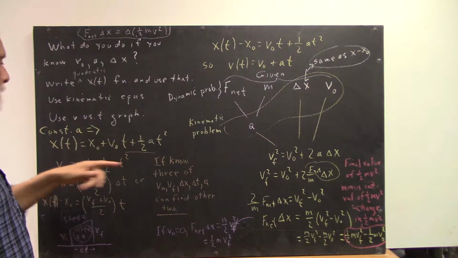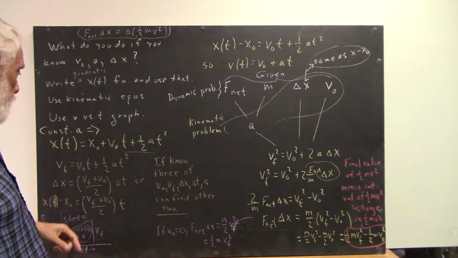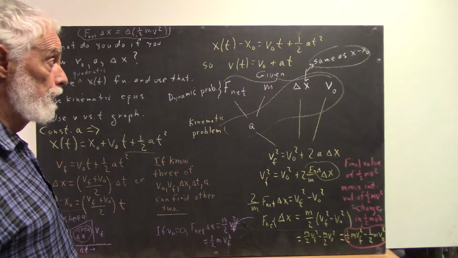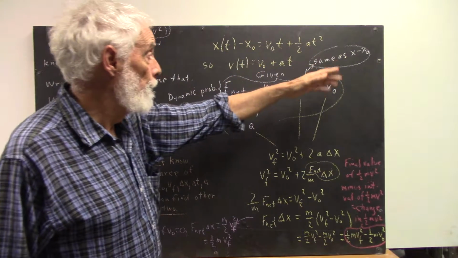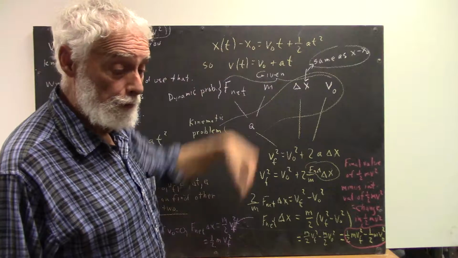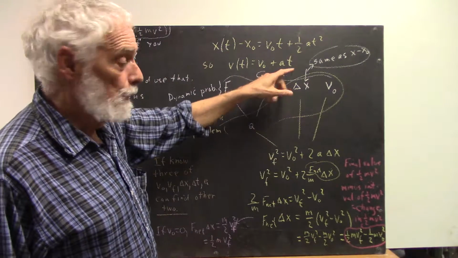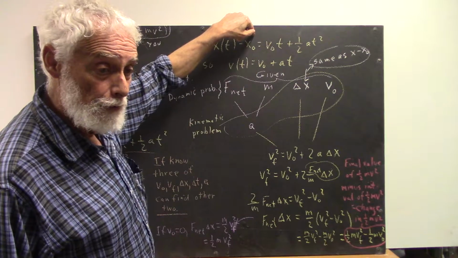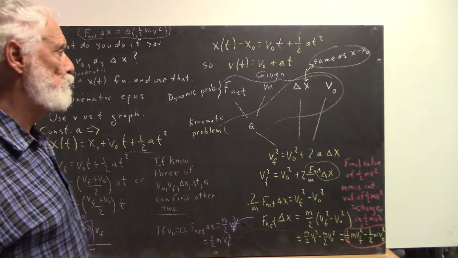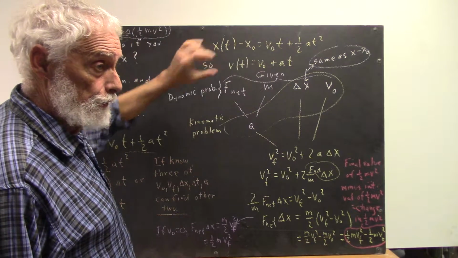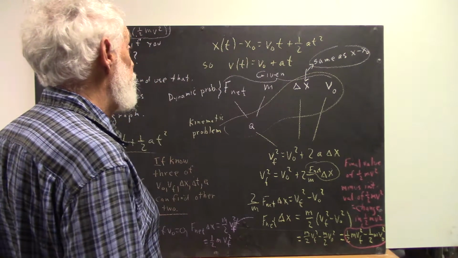If we go to this, which is equivalent to one of your kinematic equations, x of t minus x naught equals v naught t plus 1/2 a t squared. Okay? And it follows from this that v of t is v naught plus at. Of course, this was a step you went through when you integrated the acceleration. You had to integrate this to get this. These two equations go hand in hand, along with the fact that acceleration is constant.